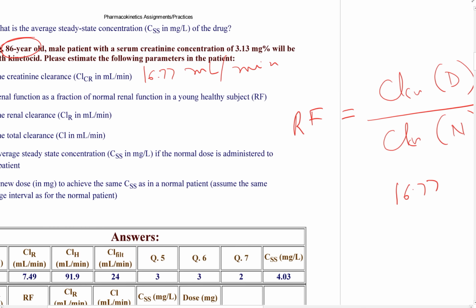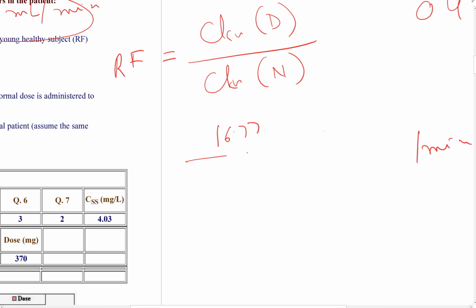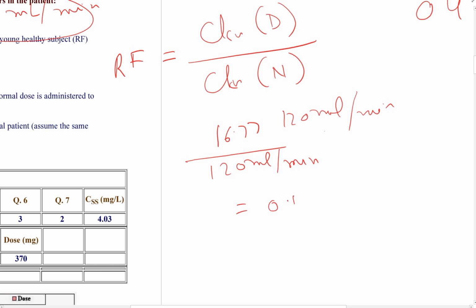And a normal individual has a creatinine clearance of 120 milliliter per minute. Then you will get a renal function of 0.1398. This is RF.